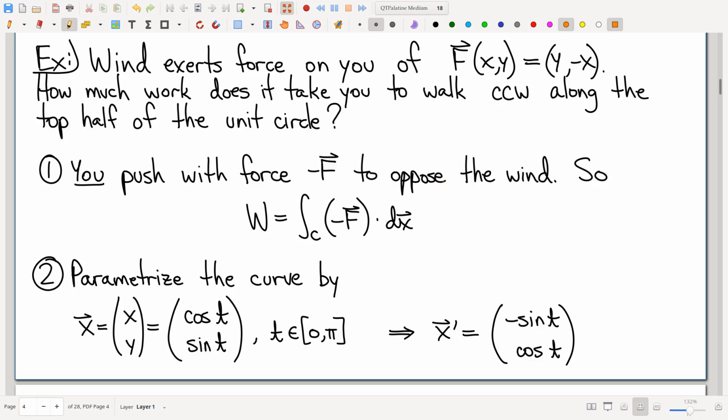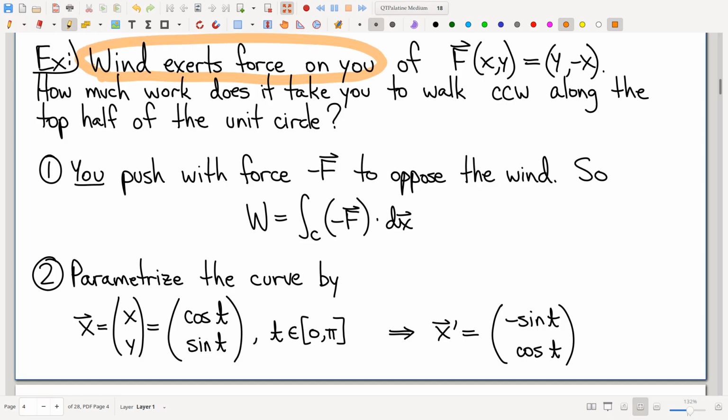So you've got to think it through, and there is no shortcut around comprehension here based on language or something like that. You've just got to digest what has been expressed, and think about, wait a second, is that the force that I want, or is that not the force that I want? So it says right here, wind is exerting the force on you.